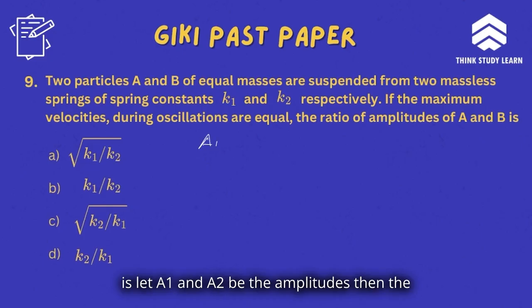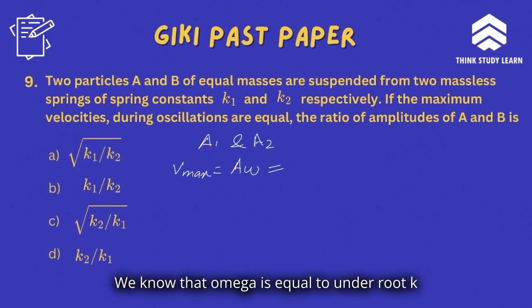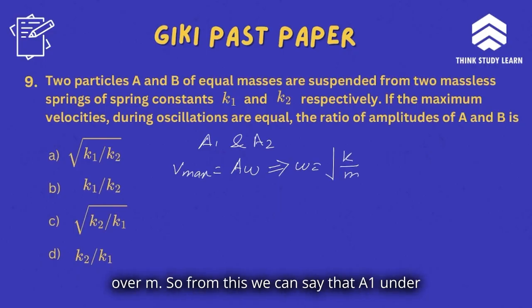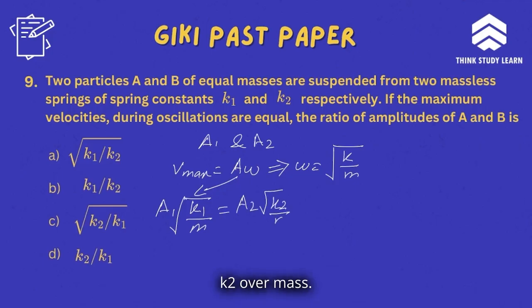Let A1 and A2 be the amplitudes, then the maximum velocity will be A into omega. We know that omega is equal to under root k over m. So from this we can say that A1 under root k1 over mass is equal to A2 under root k2 over mass.